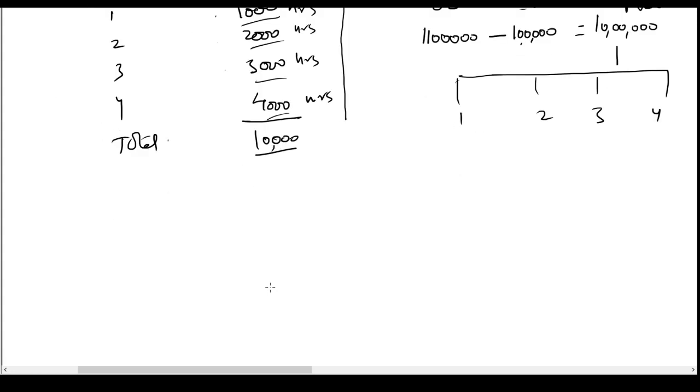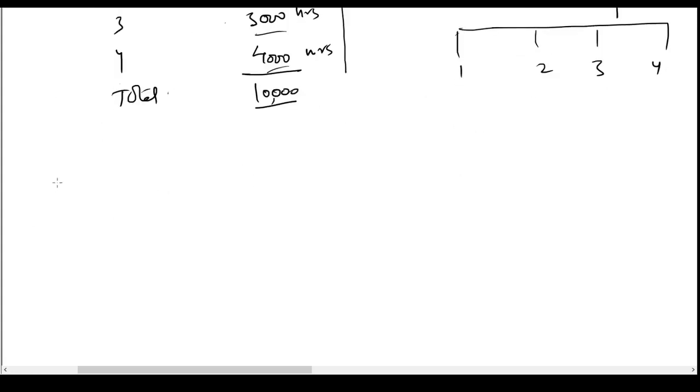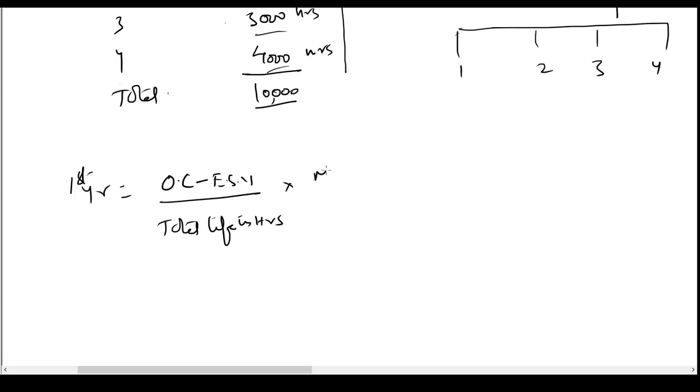So how do we do that? We use a very simple formula here. Depreciation for the first year would be original cost minus estimated scrap value divided by total life in hours multiplied by machine hours used in the year or estimated to be used in the year.